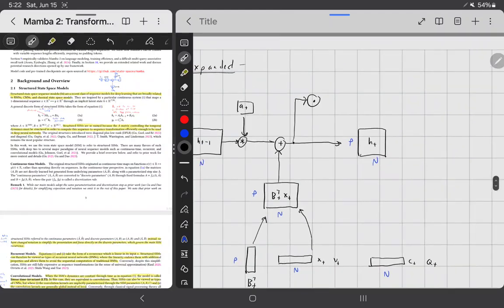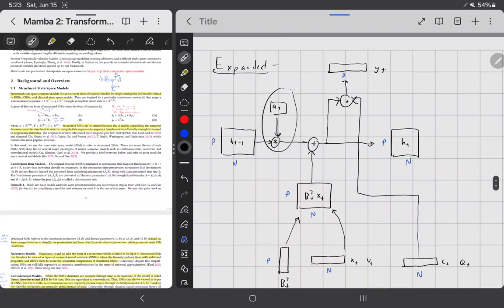So this is an inner product between all of the tokens from the past, compounded by A, and this Q matrix, to get this P-dimensional vector y_t. So this is an SSM, where A is the special case of a scalar. This is that formulation.